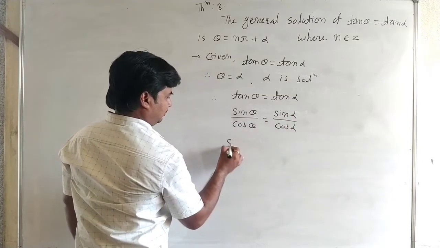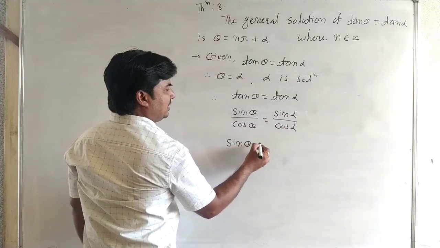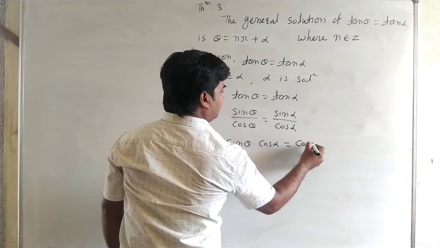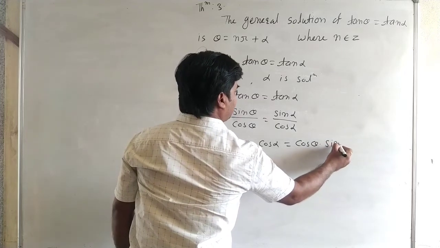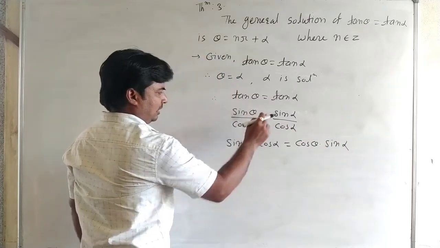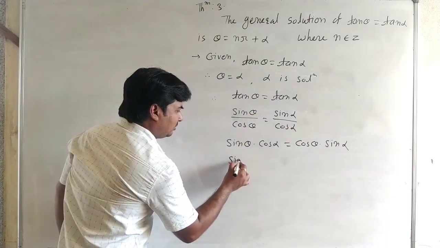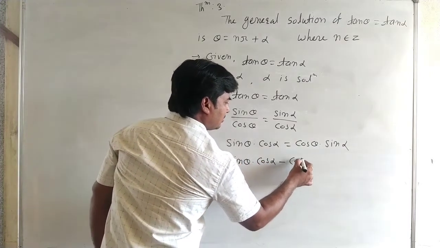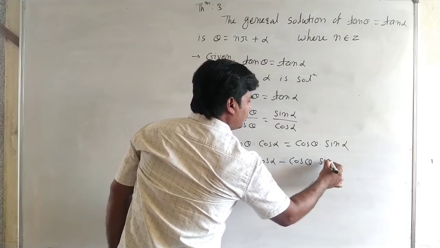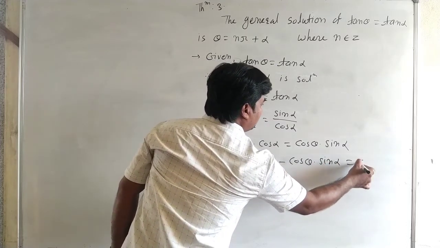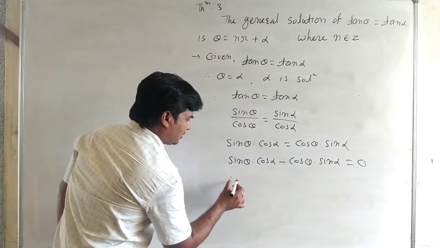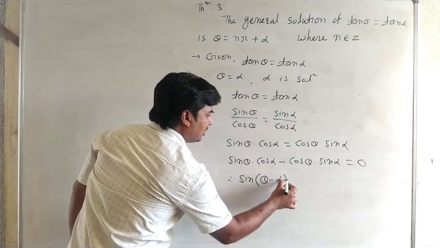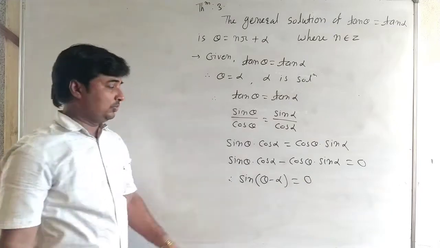Then sin theta into cos alpha is equal to cos theta into sin alpha, by cross multiplication. Now sin theta cos alpha minus cos theta sin alpha is equal to 0, and therefore it is sin of theta minus alpha is equal to 0.